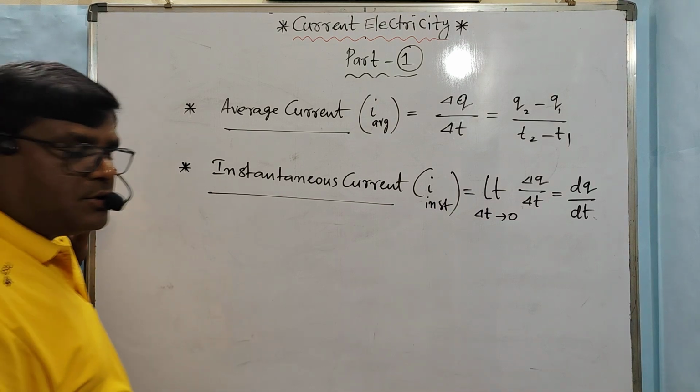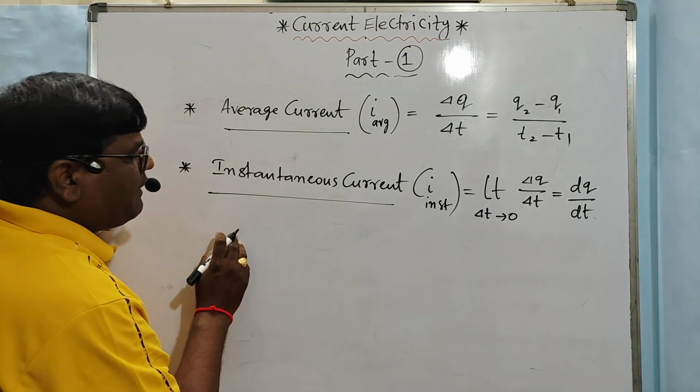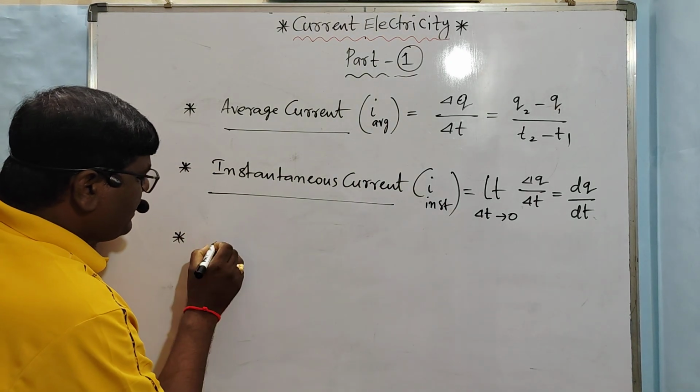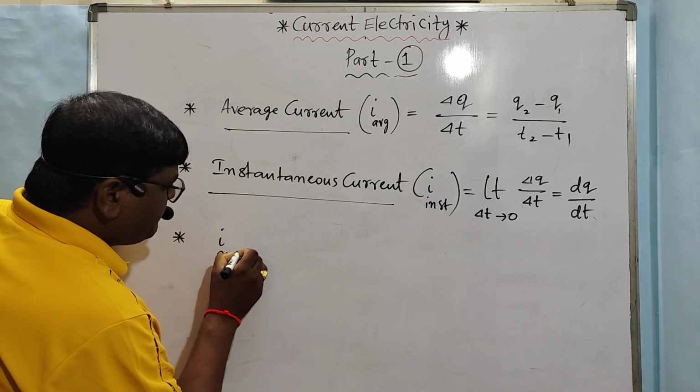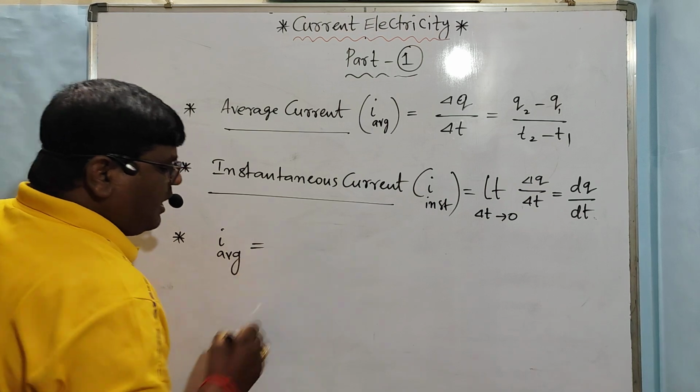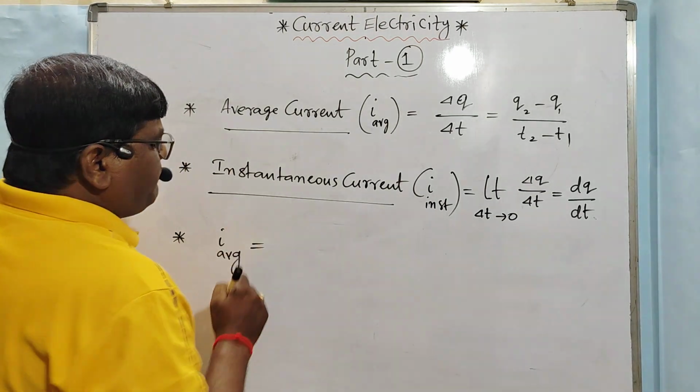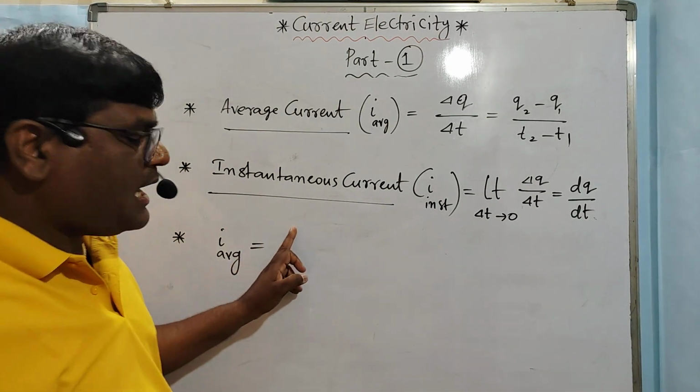One more formula is also there for the average current, I average. This formula we will use in alternating current. The current is charge by time.